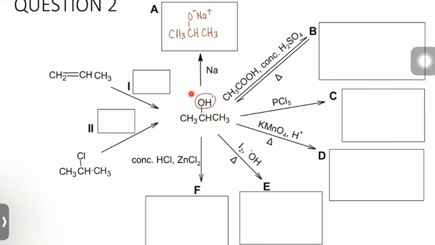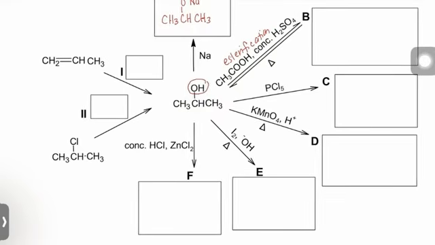So this reaction is basically an esterification process. When alcohol and carboxylic acid react together in the presence of concentrated sulfuric acid, the reaction is esterification, where the product formed is an ester. So the structure of B here is an ester.